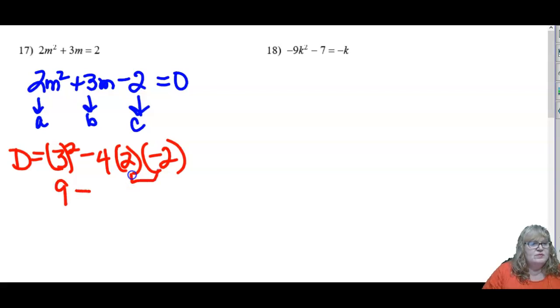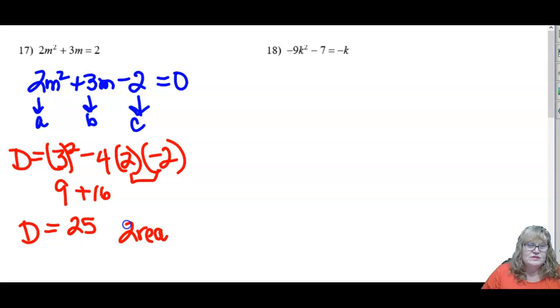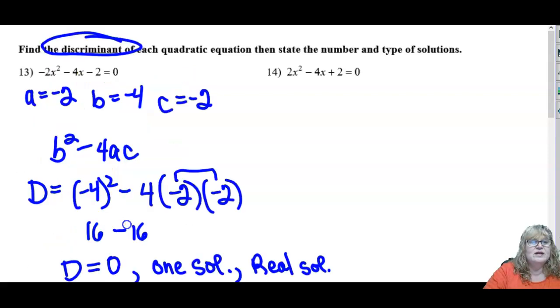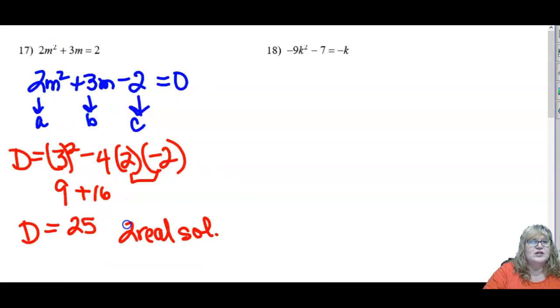Let's see, this would be negative 4 times this is a negative 4b plus 16. Get 25 is the discriminant. All right. Now, because it's positive, we would have 2 real solutions, or 2 x-intercepts. Did I still not get one that was 0, or did I end up? Yeah, we did. Okay, so I did one of each kind.